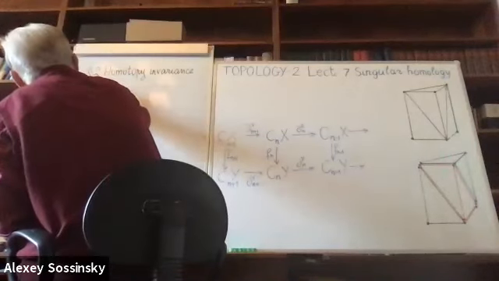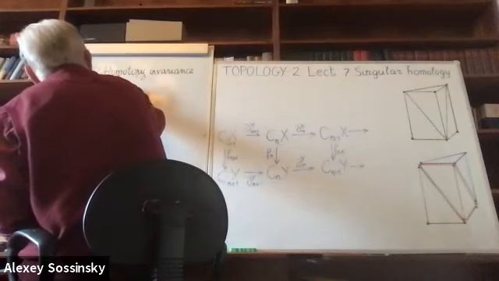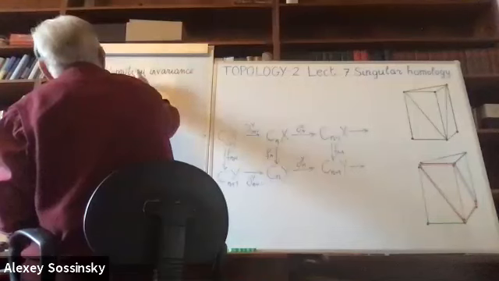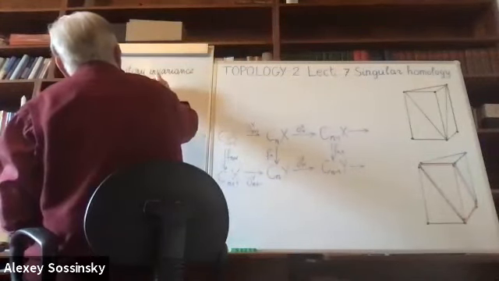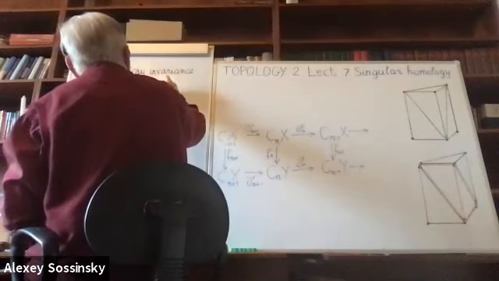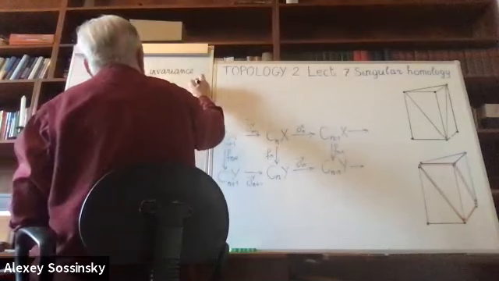It says that if f and g are maps from x to y, continuous maps, of course, and they are homotopic, then the induced homomorphisms coincide.